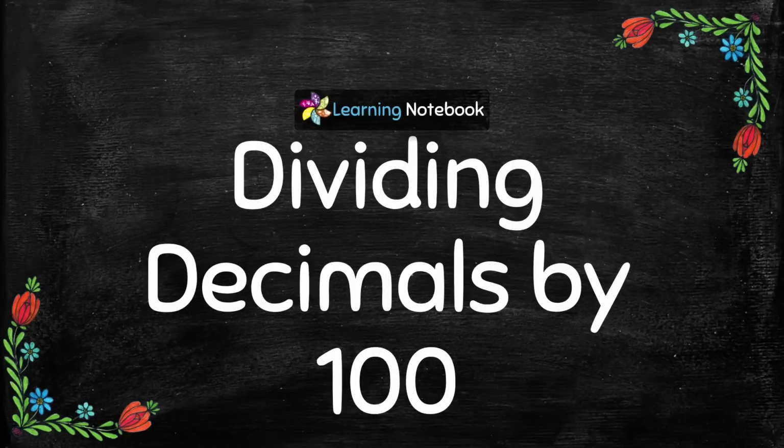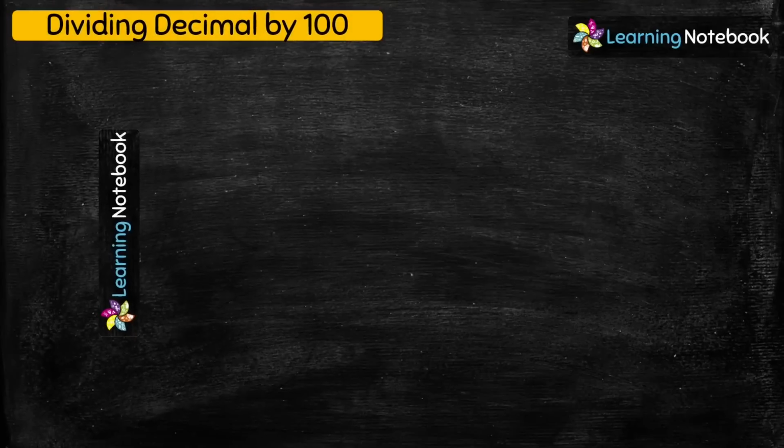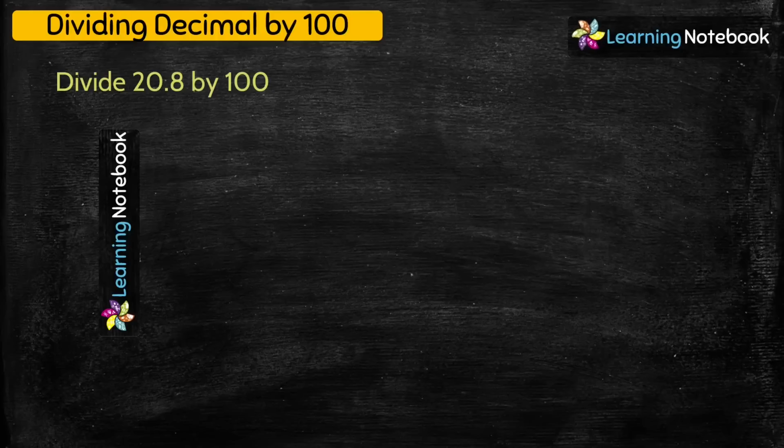Now let's see how to divide decimals by 100. Question is, divide 20.8 by 100. So first we will divide whole number part, which is 20. But 20 is smaller than 100.